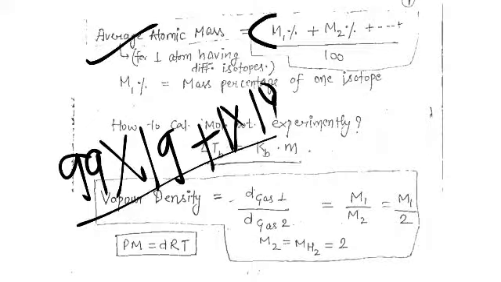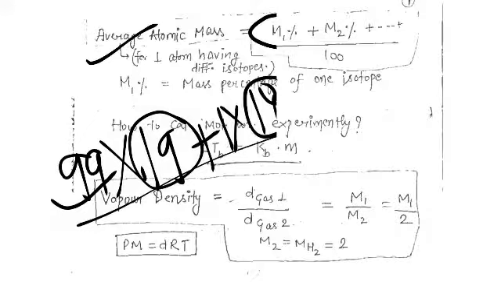Try to understand: M1 is the mass, multiplied by the percentage, that is the percentage abundance. So for 19F the percentage abundance is 99% and the mass is 19, and for 18F the mass is 18 and the percentage abundance is 1%, and it is divided by 100.